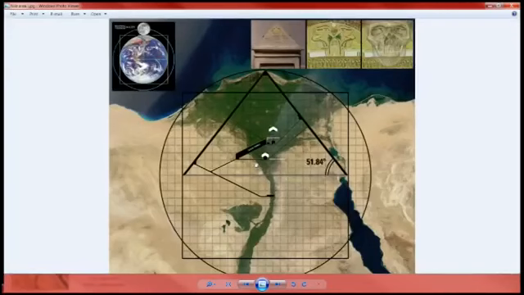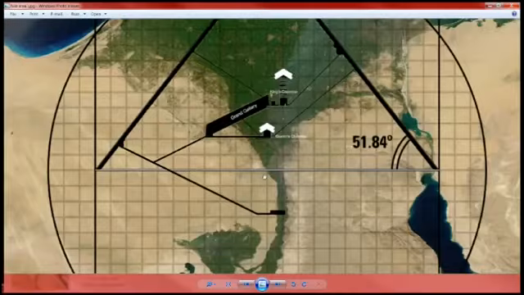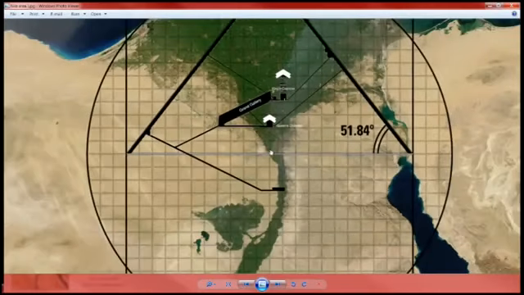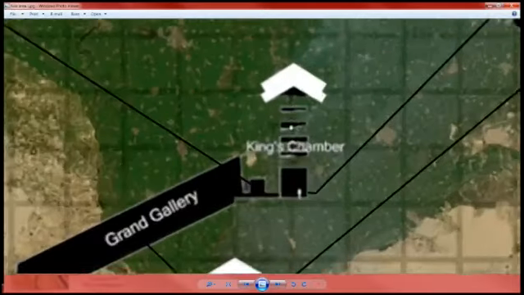But now, after squaring the circle exactly the way that you see it right here, with this construction of the pyramid, and placing the base right here where the two lotus flowers tied together, where the Great Pyramids are, you notice that the king's chamber, this right here, basically being Osiris, is right above it. It's right above it.